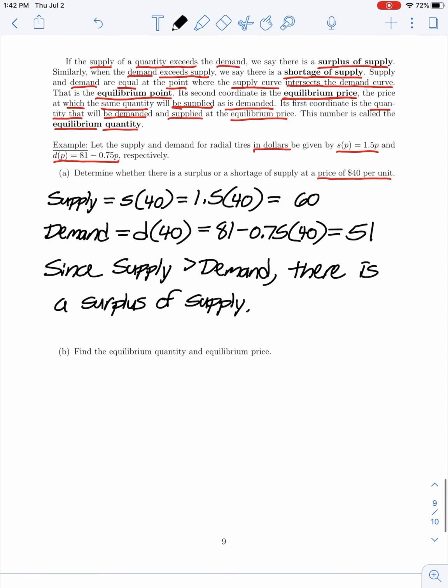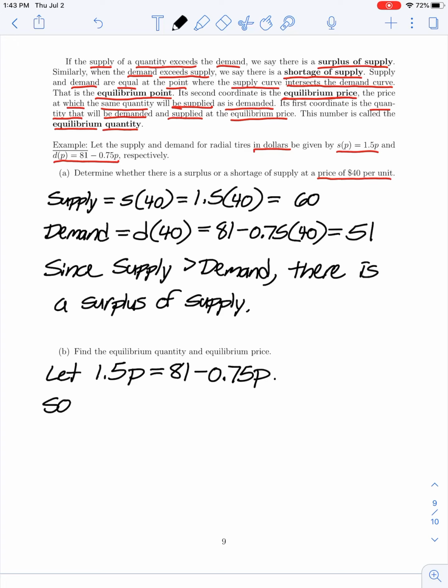So in part B, we ask the question, we'll find the equilibrium quantity and price. So the equilibrium quantity and price, or the equilibrium point, is the point where supply is equal to demand. So setting our supply function, which was 1.5p, equal to our demand function, which was 81 minus 0.75p, we want to solve for p.